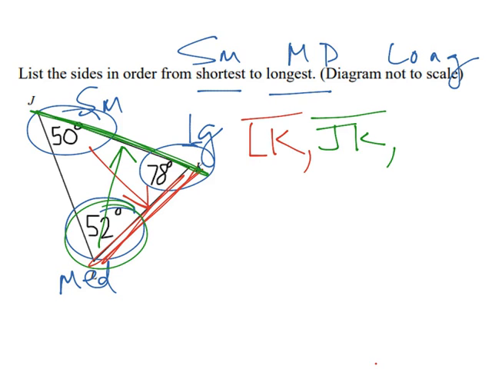And of course the last one would be this one here on the other side, which is JL. That's how you solve it, guys. So if you see something similar to this, follow the trajectory of the angles. Look at the angles that allow you to tell which one is going to be the shortest, medium, and long side.